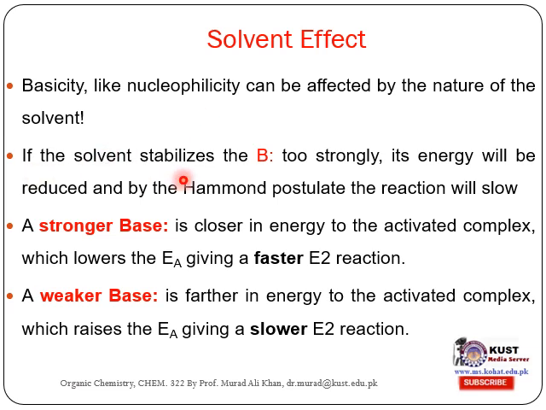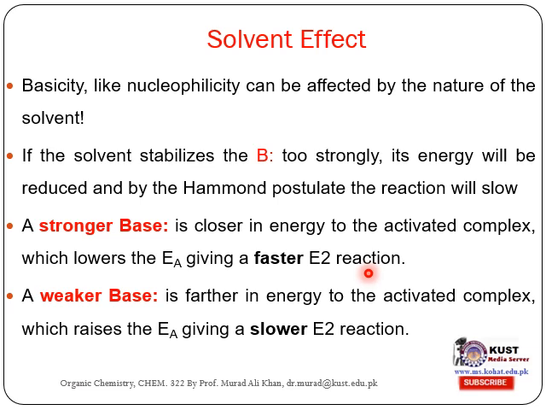If the solvent stabilizes the base too strongly, its energy will be reduced, and by the Hammond postulate, the reaction will be slow. A stronger base is closer in energy to the activated complex, which lowers the activation energy and gives a faster E2 reaction.